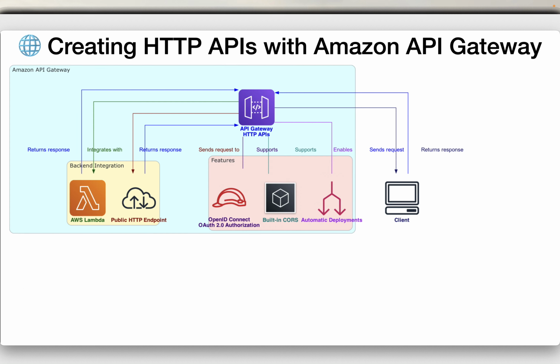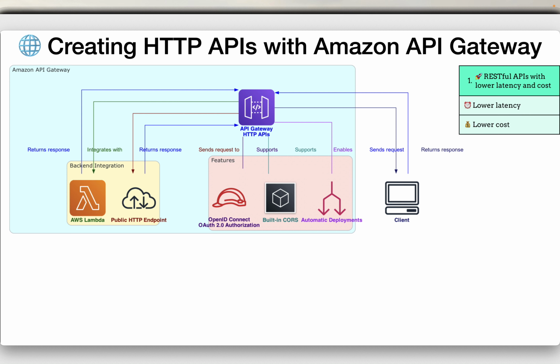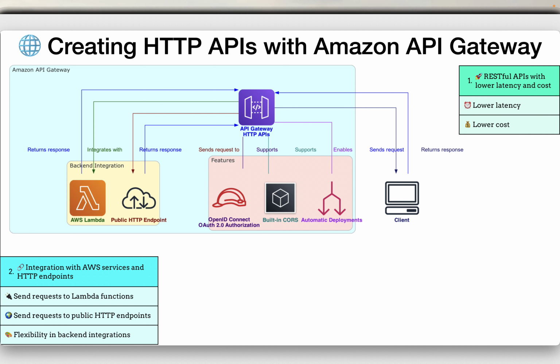So now next is creating HTTP APIs with Amazon API Gateway. HTTP APIs enable the creation of RESTful APIs that offer lower latency and lower cost compared to REST APIs. So these are slightly different but less limited, but a different way. With HTTP APIs, you can send requests to AWS Lambda functions or any publicly routable HTTP endpoint, providing flexibility in backend integrations.